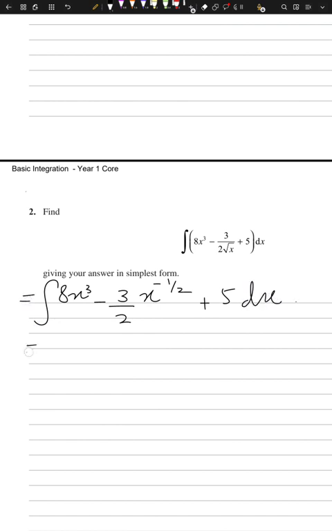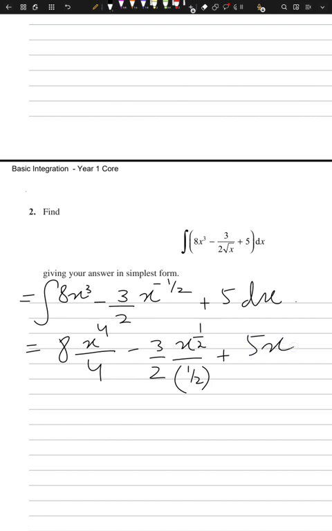Then integrate it further. So this is going to become x to the power of 4 divided by 4. 8 stays as it is. Minus x to the power of negative half added to 1, which becomes plus half. This has to be divided by 1 over 2 as well. And 3 over 2 stay in their place.